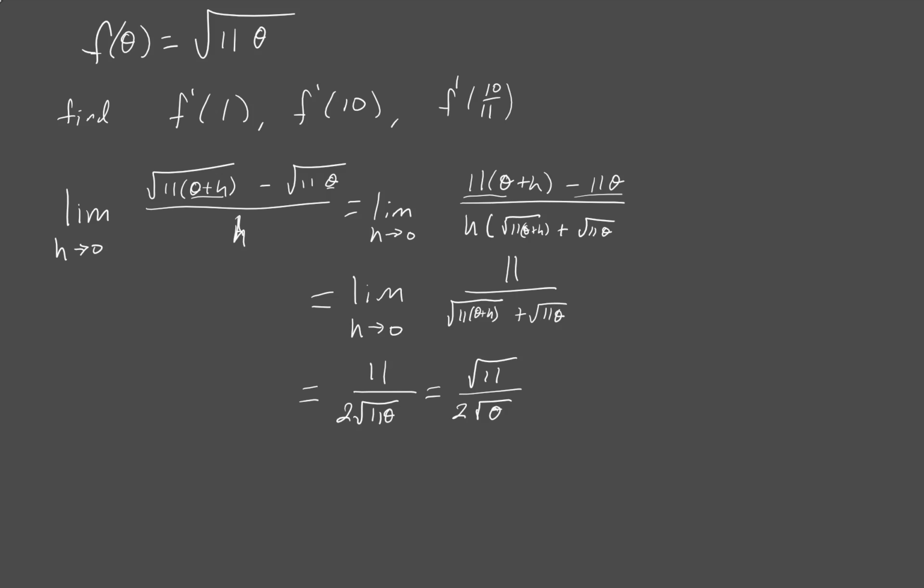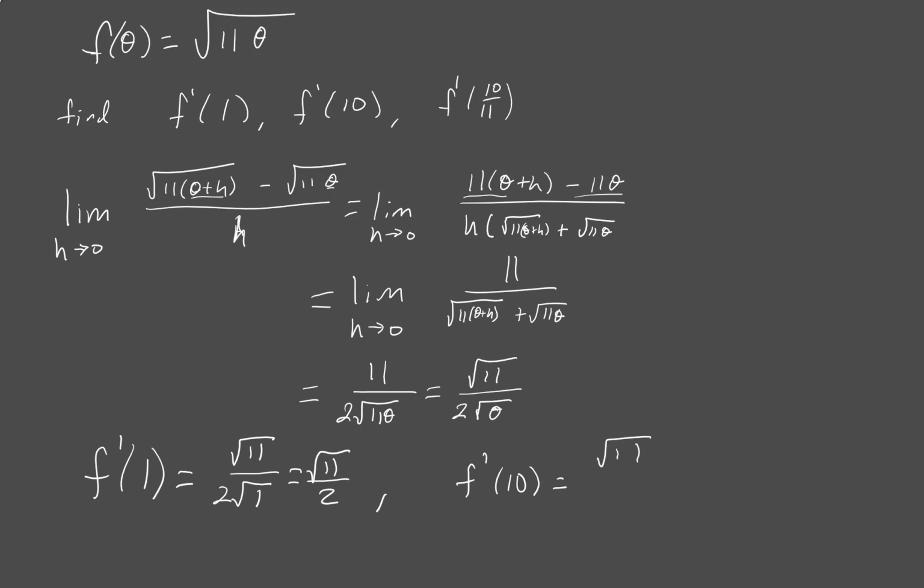Okay, so if I wanted to evaluate this at 1, f prime at 1 is the square root of 11 over 2 square roots of 1, which is the square root of 11 over 2. F prime at, say, 10, that's the square root of 11 over 2 square roots of 10.